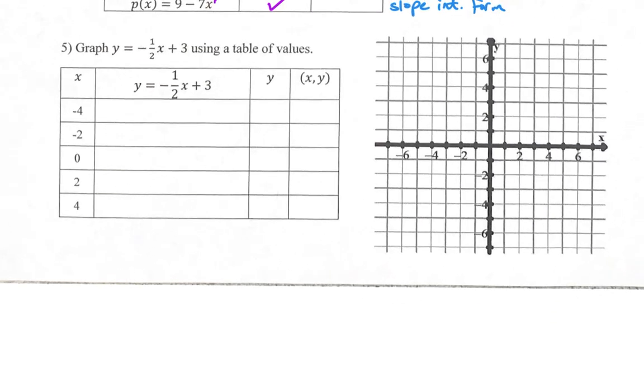All right, number 5. Oh man, we could do this in a couple different ways. We could graph it using the table, or we could just graph it because we're smart. Let's start by just graphing it because we're smart. I'm going to have a b. Remember, y equals mx plus b. I'm going to begin, I have a y-intercept at positive 3. So I'm going to put a dot here for my y-intercept at positive 3.